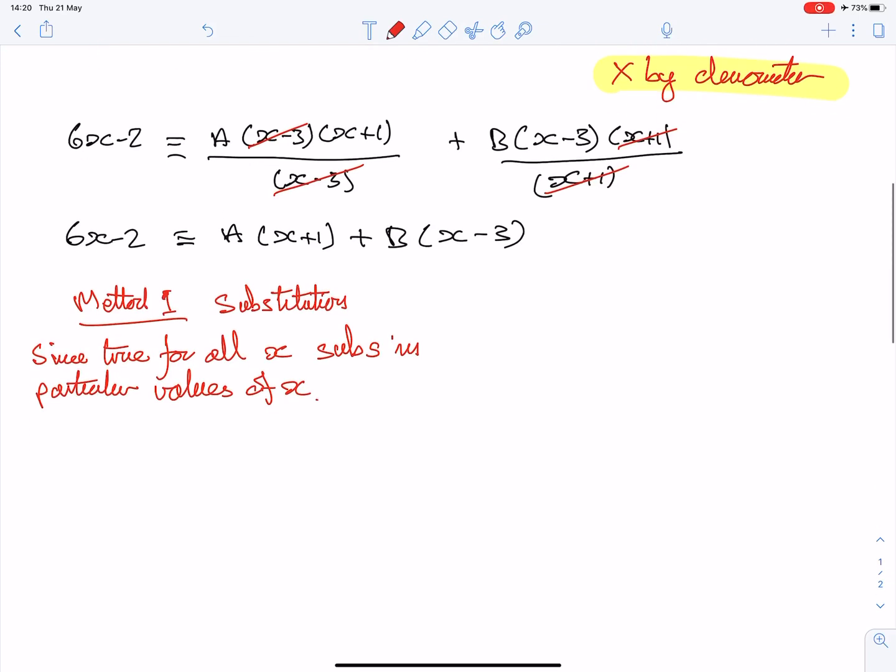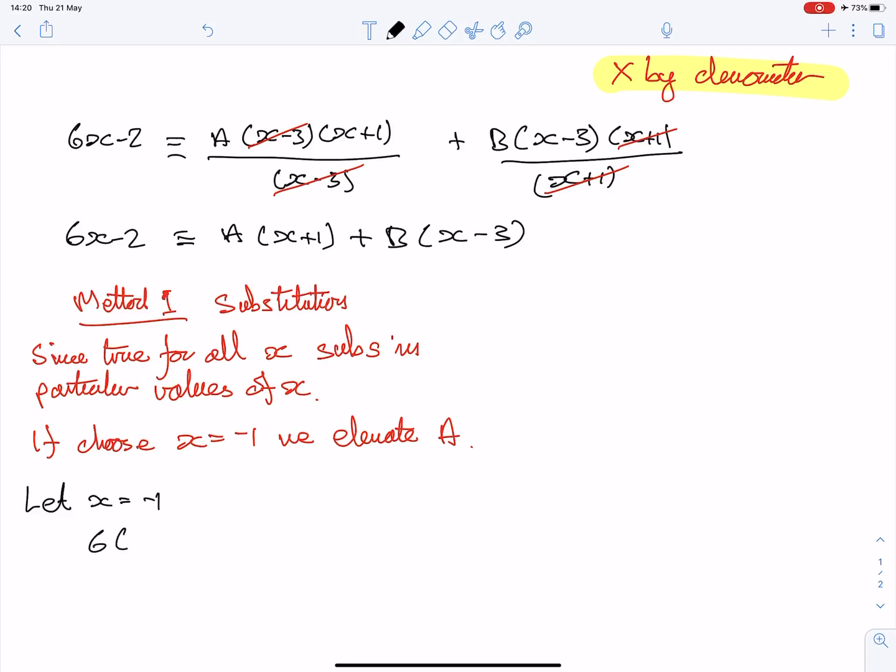Well, if we look at this, we can eliminate one of our unknowns, A or B, if we choose the right value of x. So to eliminate A, if we choose x equals -1, we eliminate the A. So let's do that and see what happens. Let x equal -1.